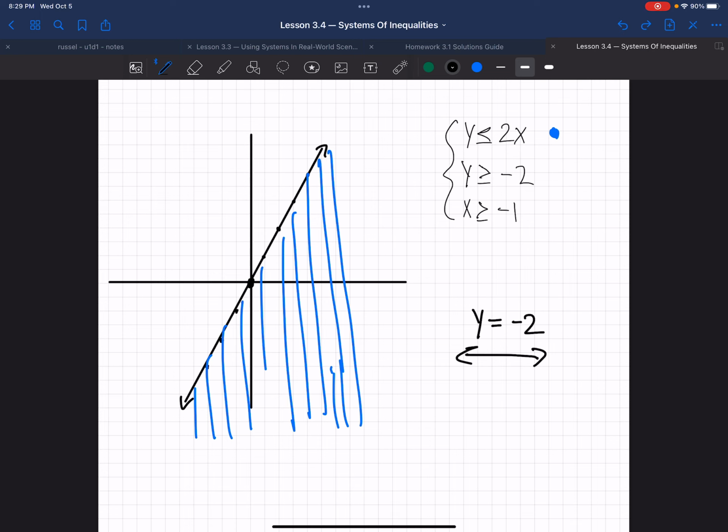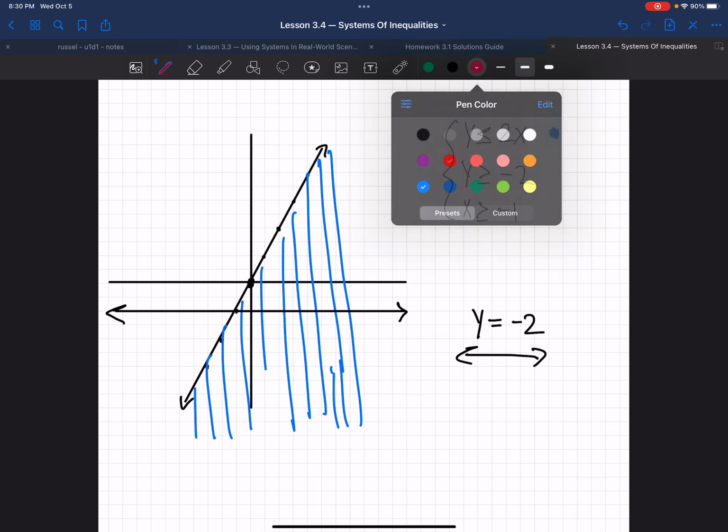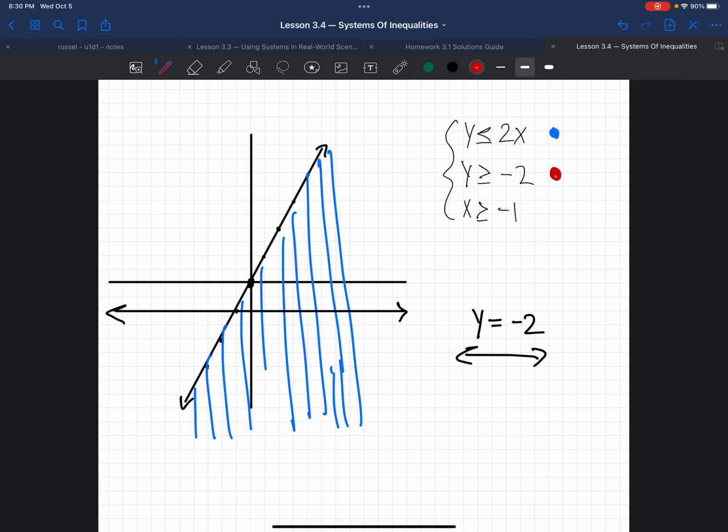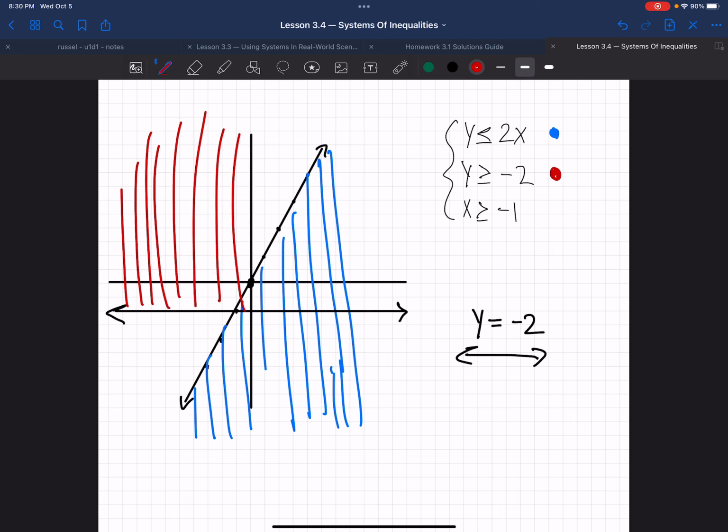And I'm going to put a horizontal line. This is a solid line, by the way. Horizontal line here at y equals negative 2. And this is greater than, so red, greater than meaning above. So I'm going to take my pen and go everywhere above that line.